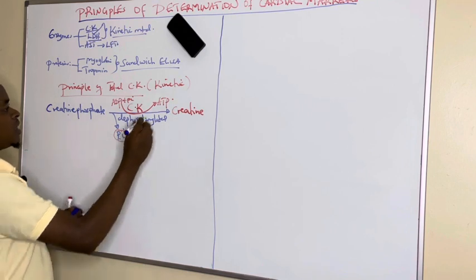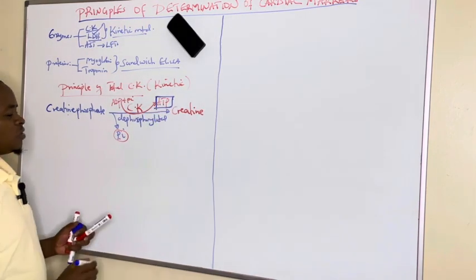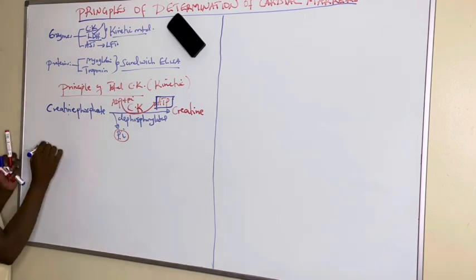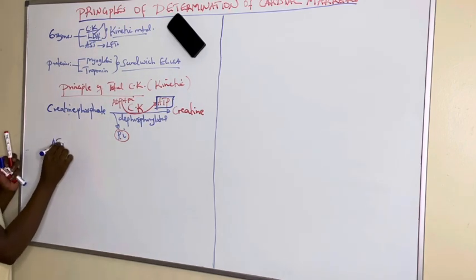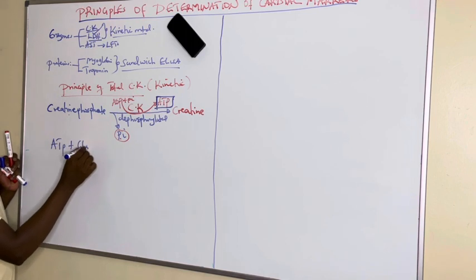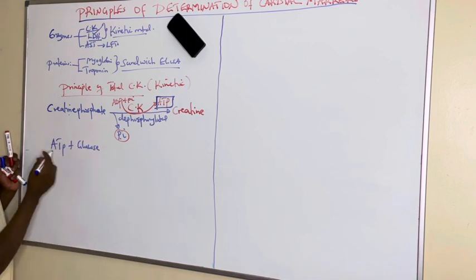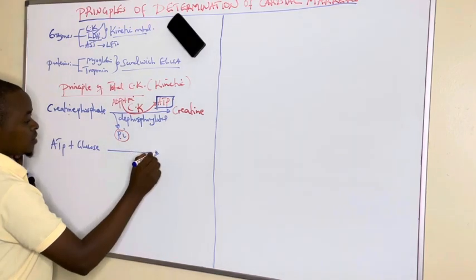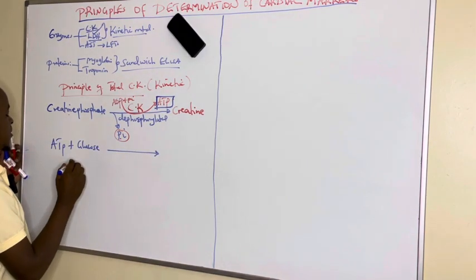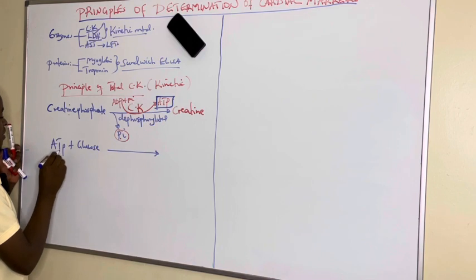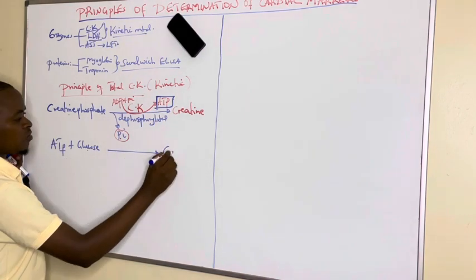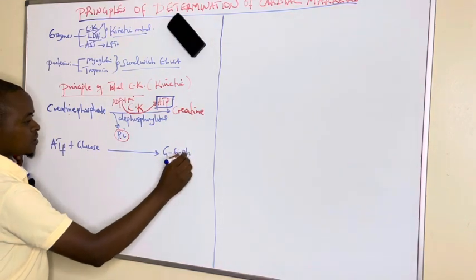In these products, we are interested in ATP being produced, which is adenosine triphosphate. Then the ATP produced in the reaction is reacted with glucose. And in the presence of glucose in muscles, we have the enzyme hexokinase, which adds a phosphate group from ATP on glucose at carbon number 6, forming glucose 6-phosphate.